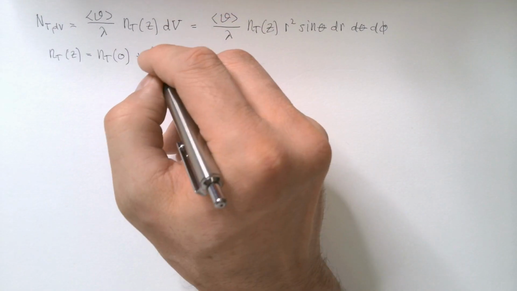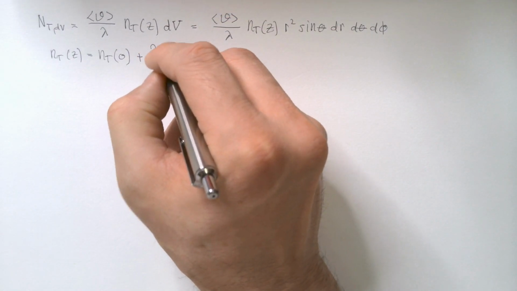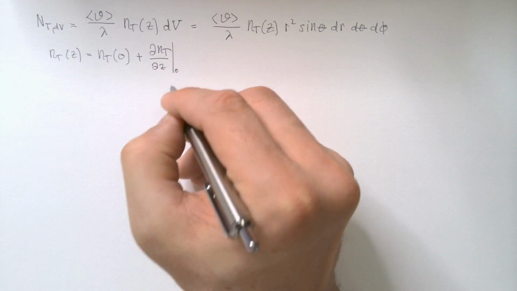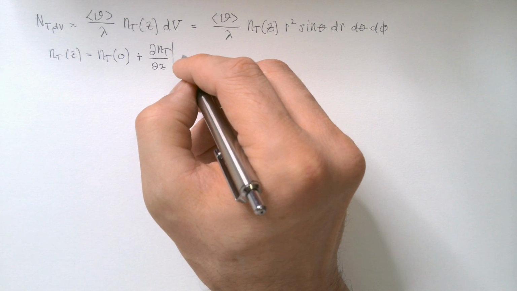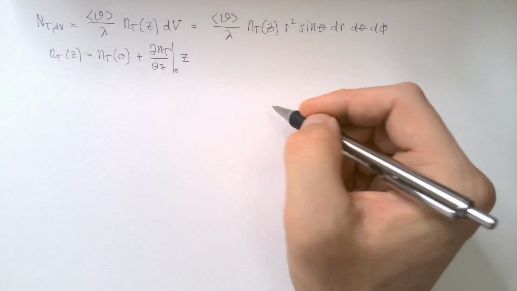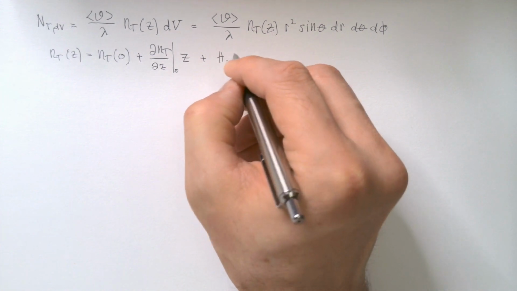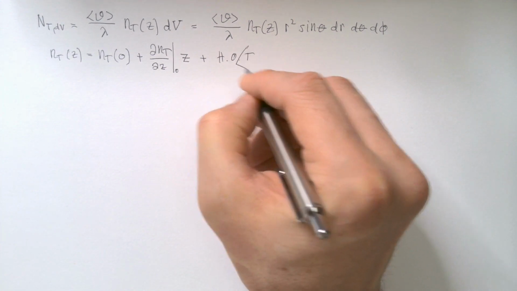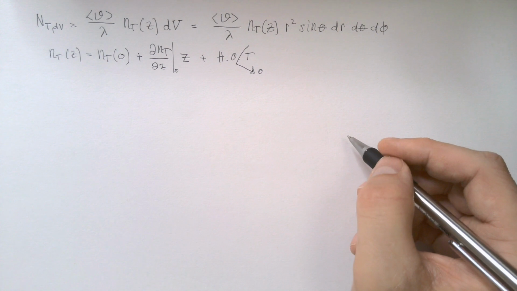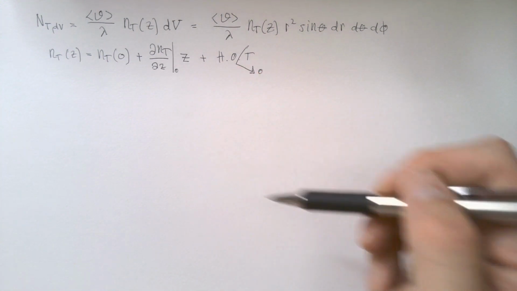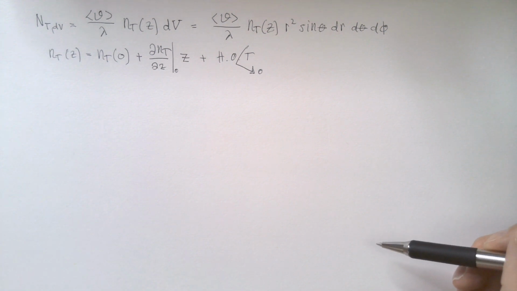So plus delta nt over delta z evaluated at z equals 0 times some z increment, plus higher order terms, but we will neglect higher order terms because we are assuming that these changes in concentration are not very abrupt.